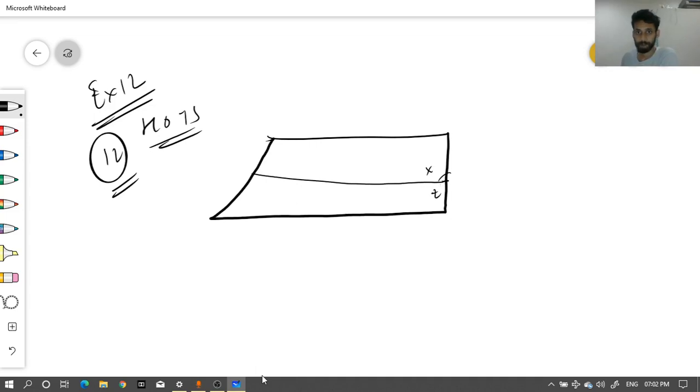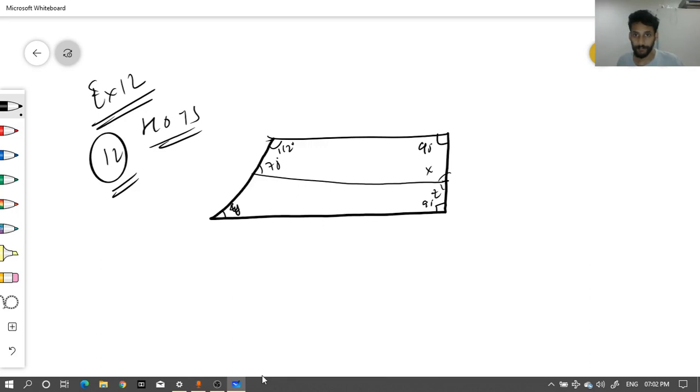This is X, Z, where it is 90 degree. This is Y. This is 70. This is 112 degree. This is also 90 degree here.